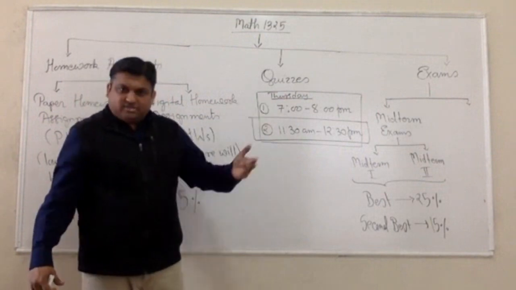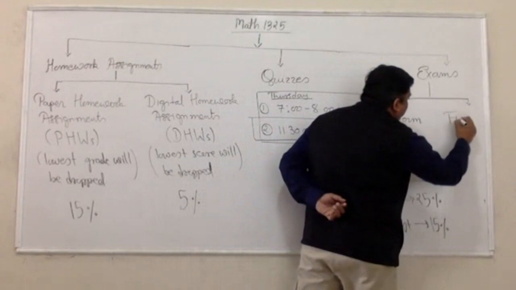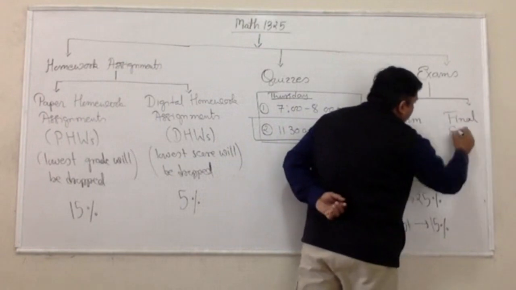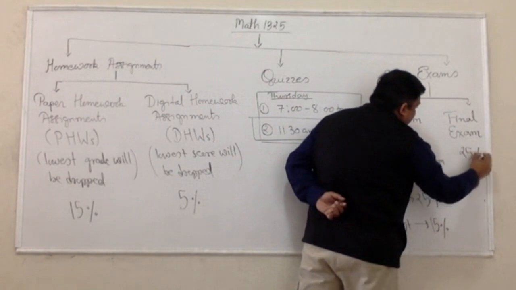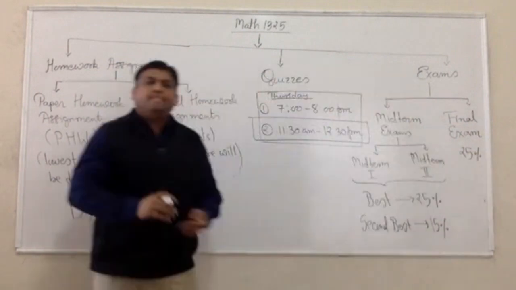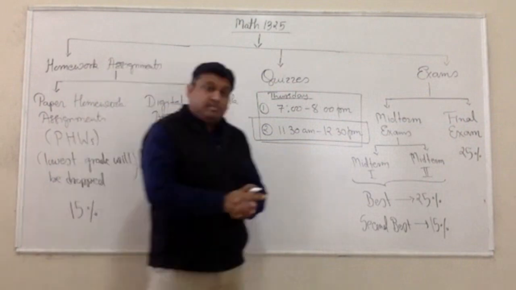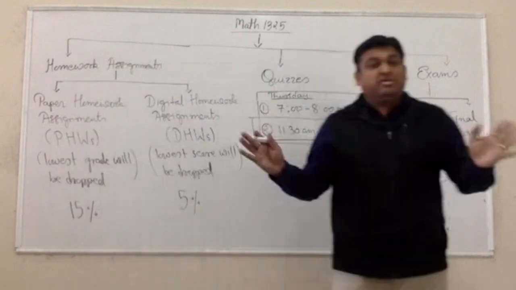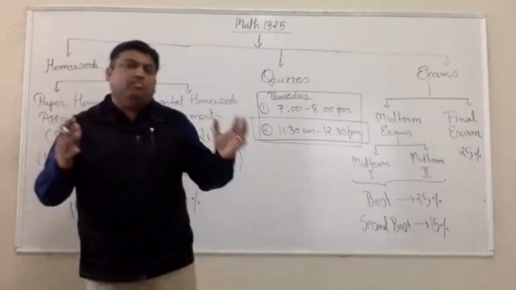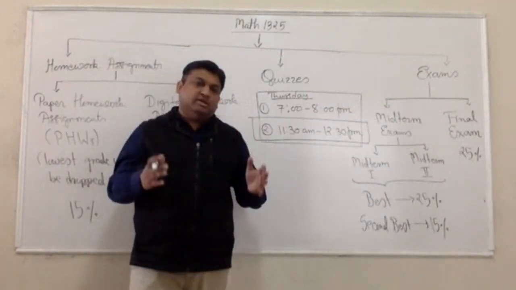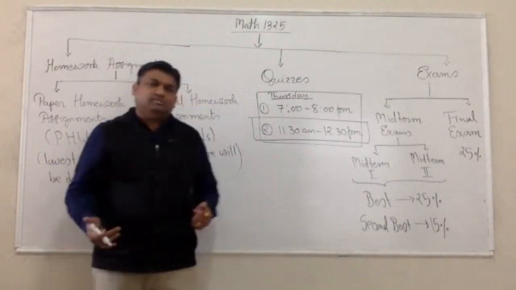And then finally, the last piece in this exam component is the comprehensive final exam. And this is 25%. All right, the final exam will be cumulative. Even though it's cumulative, I would say more preference will be given to the material covered towards the end of the semester.